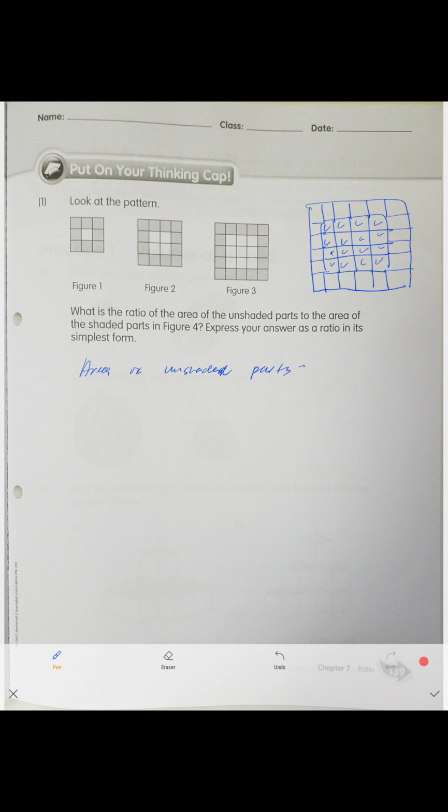Wow, this is horrible handwriting. Okay, and the area of shaded parts, you just count all of them, and that's going to be 20 squares.